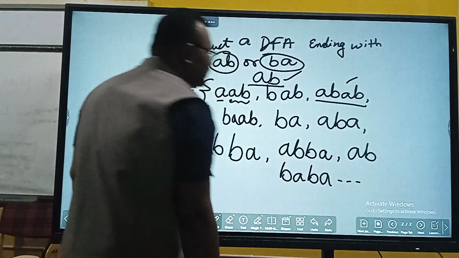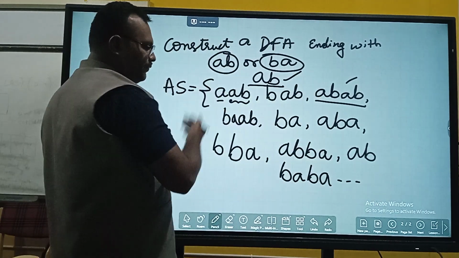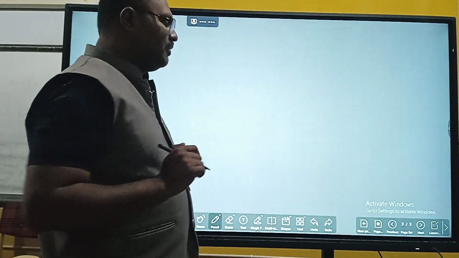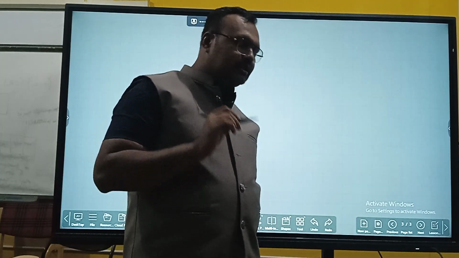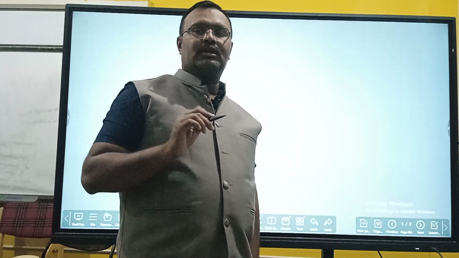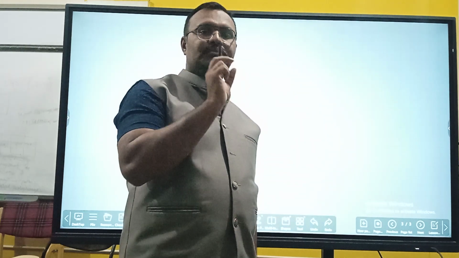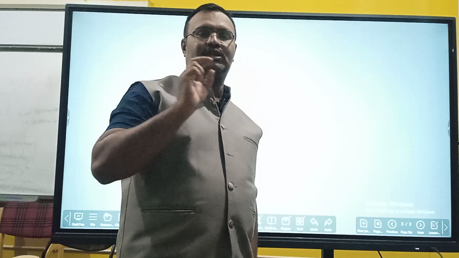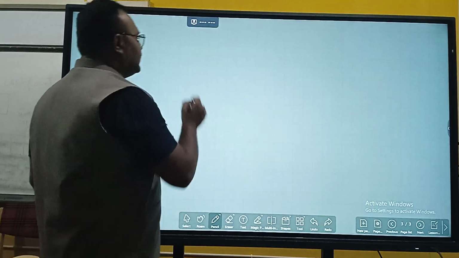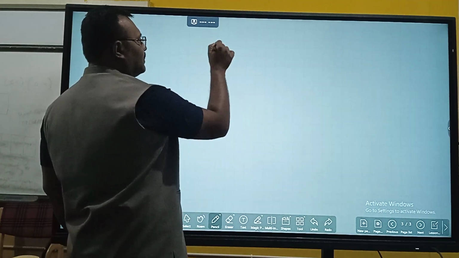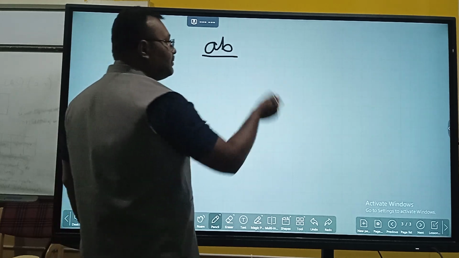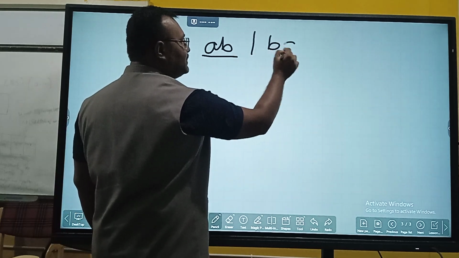So for that, in this entire problem, what is the basic string that should get accepted? Because we are going to construct a finite automata in such a way that based on the minimum string that we have, we are going to construct its equivalent skeleton DFA, right? So I'll take the basic string which should get accepted is AB, right? Similarly, the other basic string that gets accepted is BA.